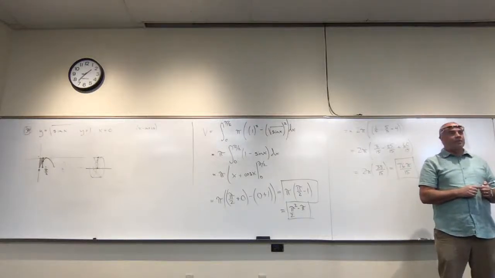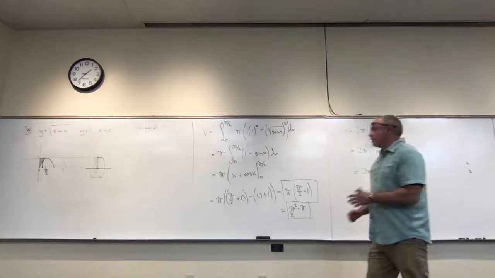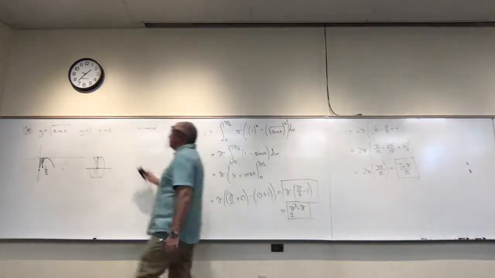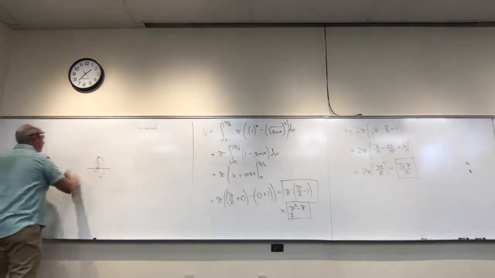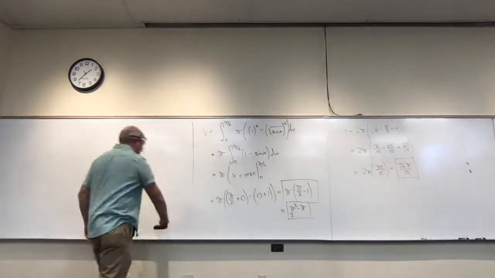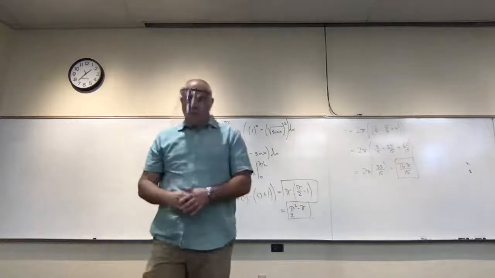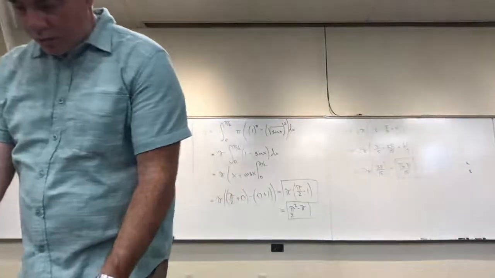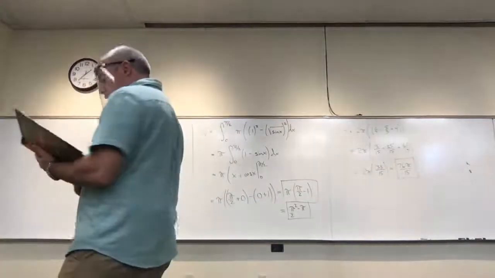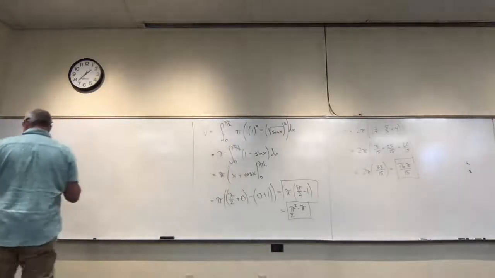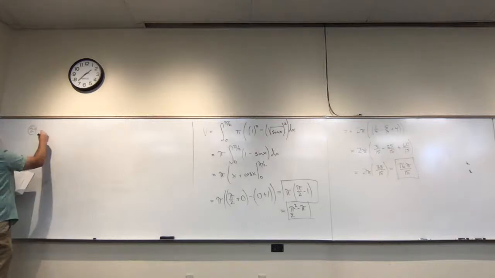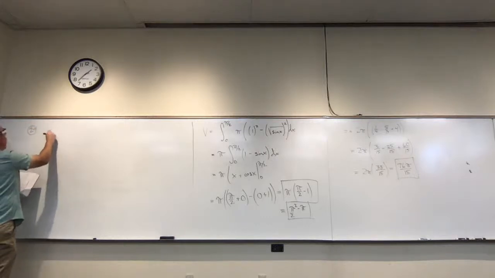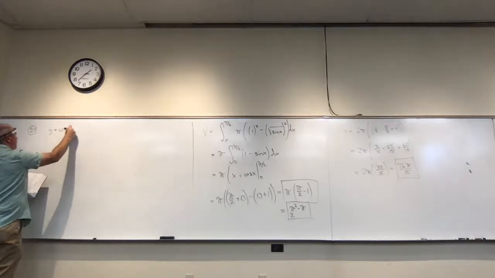Would you mind doing 29, please? Sure. 29. Okay, 29, we have y equals cosine of x.